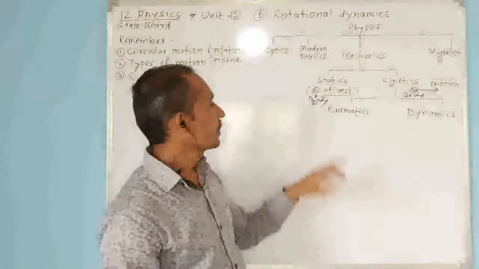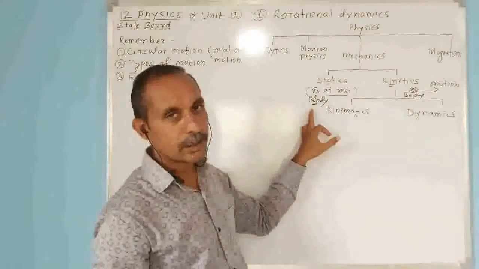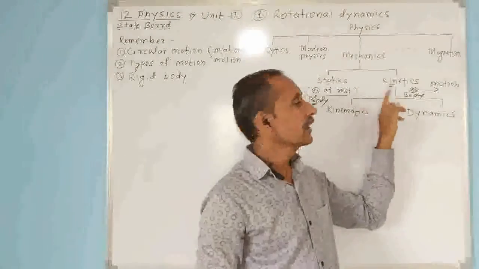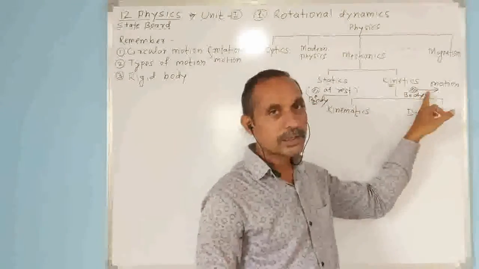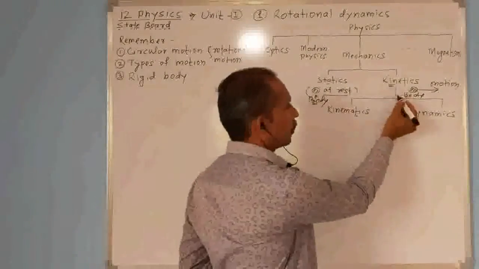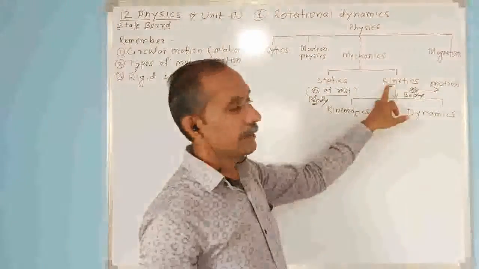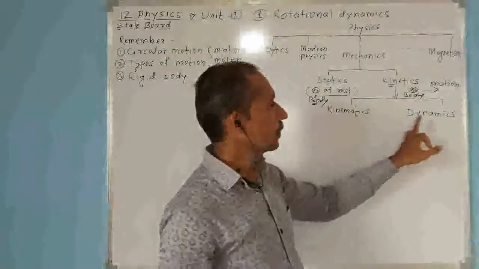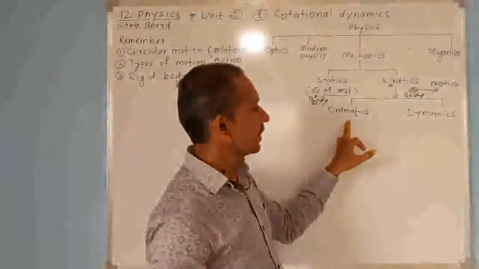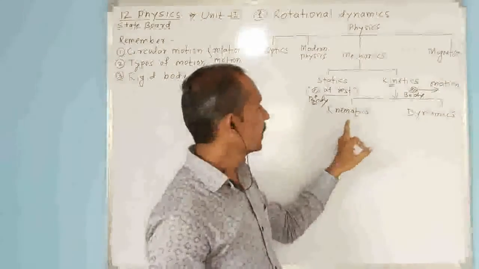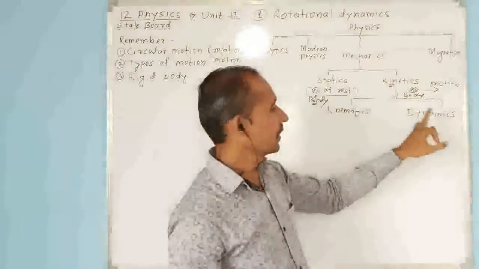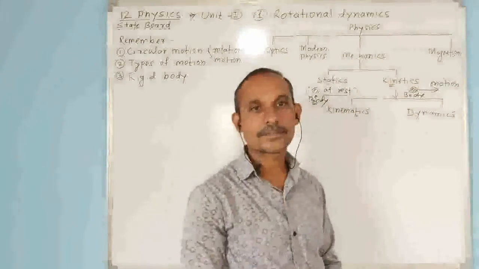Statics means the study of a body which is at rest, and kinematics is the study of a body in motion. Again, there are two branches of kinematics. The first branch of kinematics is kinematics, the second branch is dynamics.